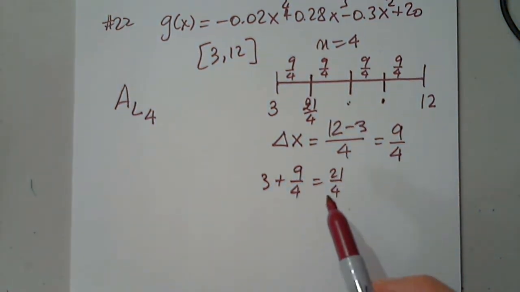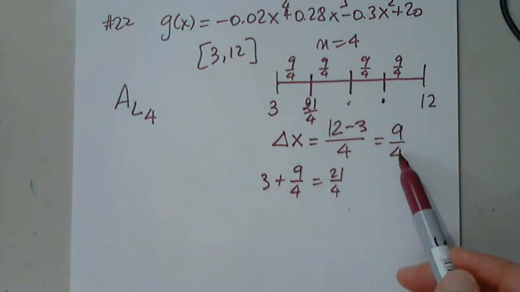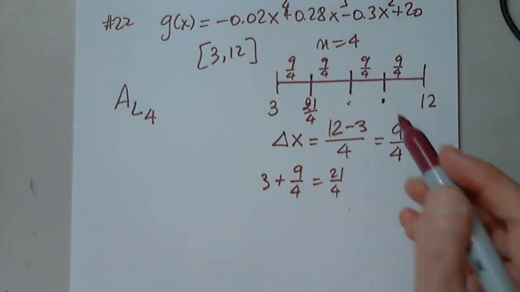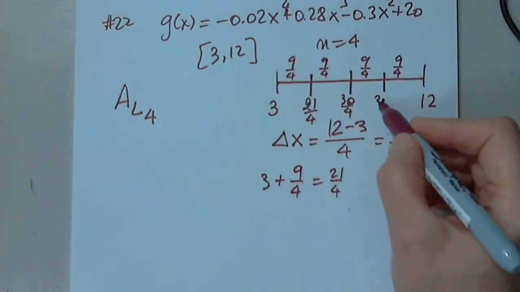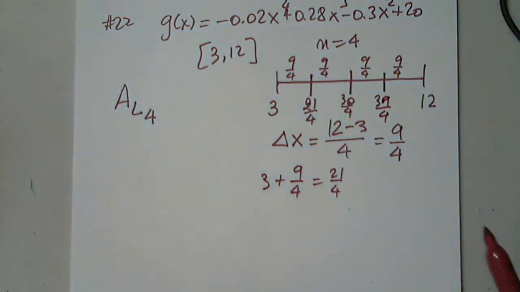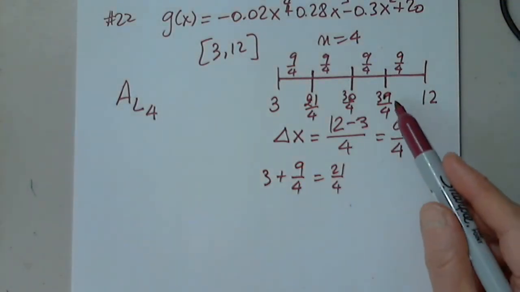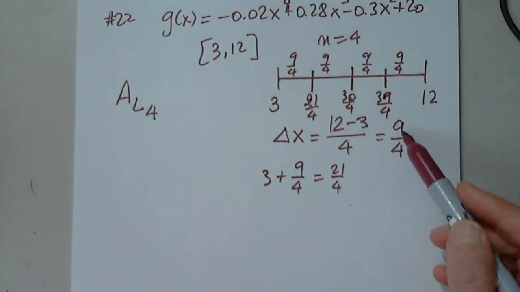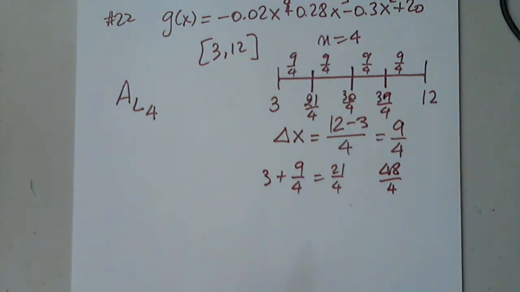Now I can just add 21/4 to 9/4 and I get 30/4. And then 39/4. And 39 plus 9/4 should give us this, right? So 39 plus 9 is 48. 48/4 is 12. Correct. Perfect.